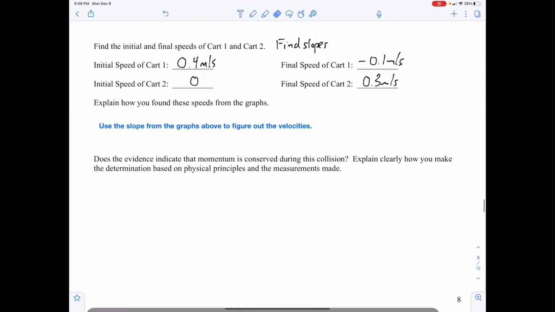Does this evidence indicate that momentum is conserved during the collision? Well, to figure that out, you have to find the total momentum before and after collision. So let's figure this out.